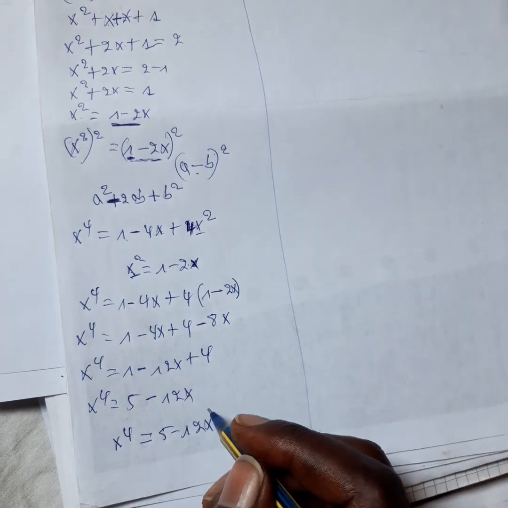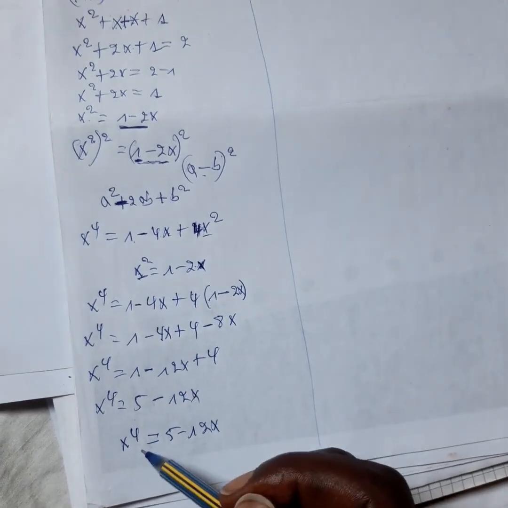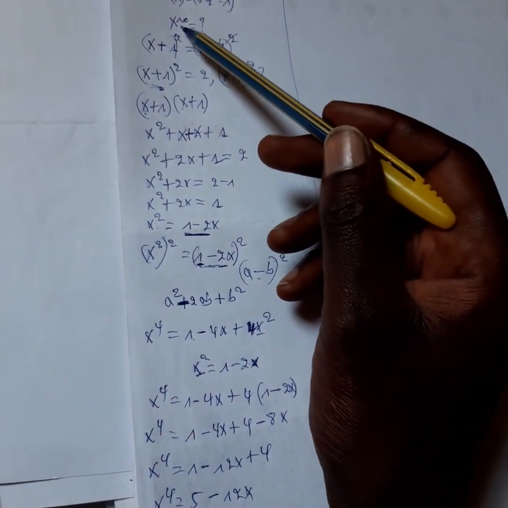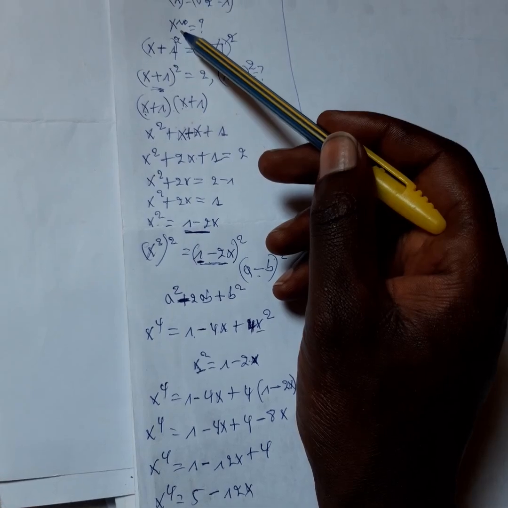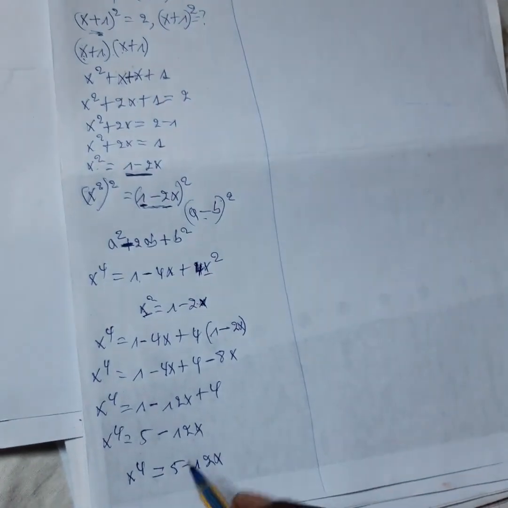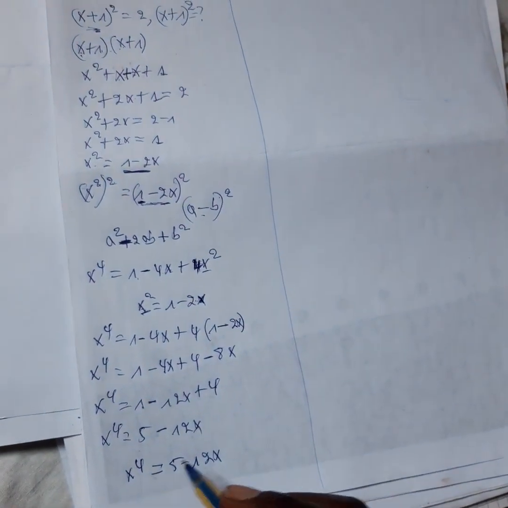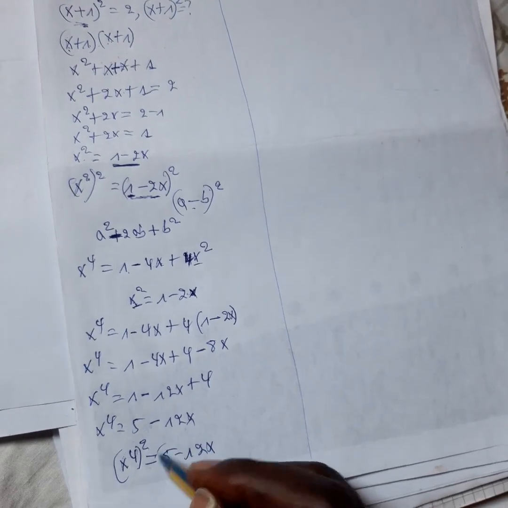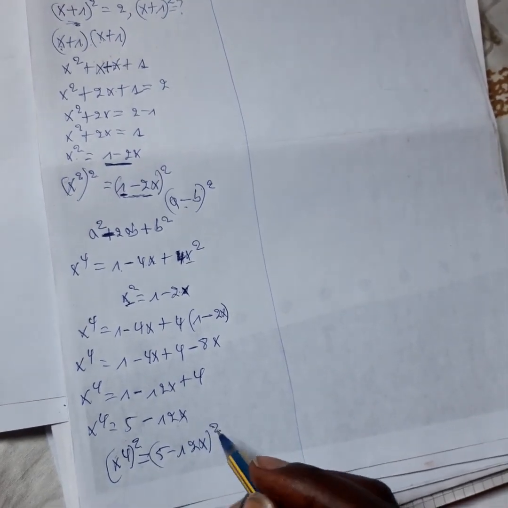And remember, we are working so that we get x to the power 10. So let's move on. We are going to square both sides. This will be squared and this will be squared.